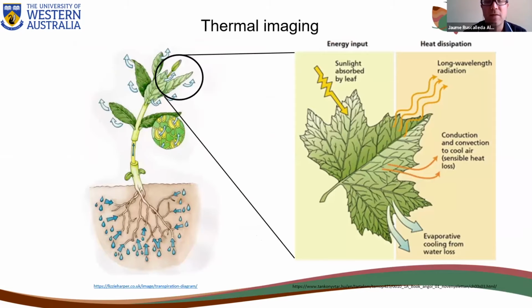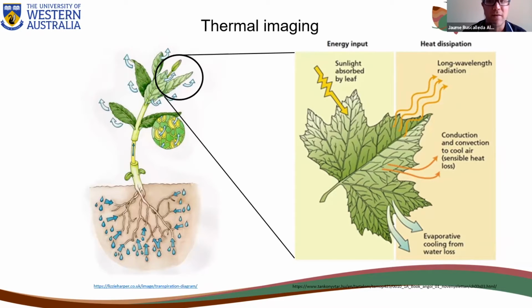And the second method we used was temperature measurement. Now, the relationship between plant temperature and physiology is that when plants are photosynthetically active, they open their stomates and they transpire water. And when that happens, this water evaporates on the leaf surface and the leaf cools down.